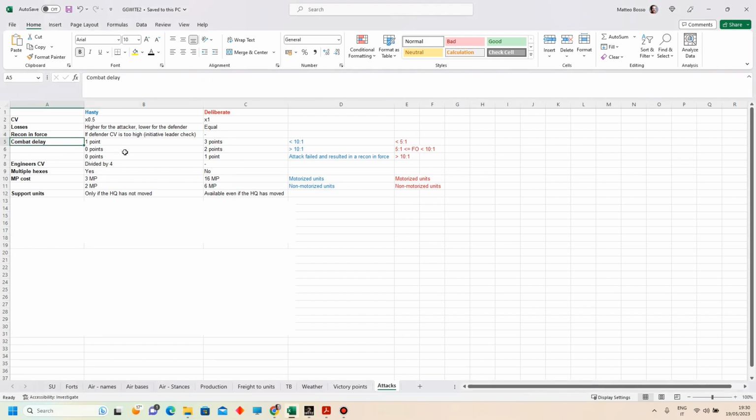Combat delay. I mentioned the combat delay in the graphic section of the attacks, but here is the table that summarizes the combat delay that you will get after an attack.